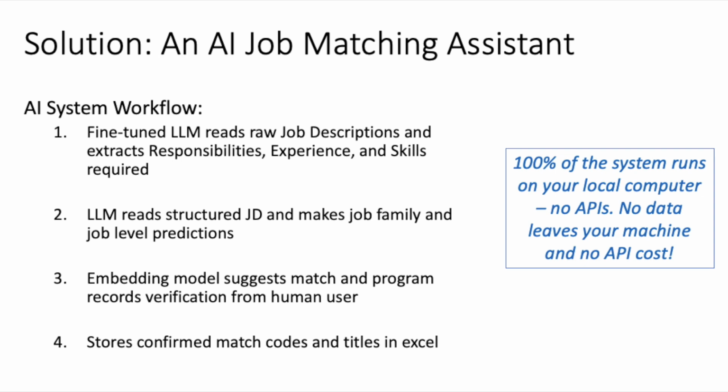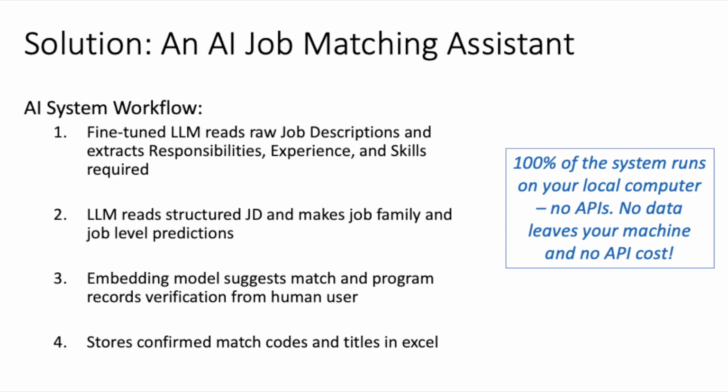And because people write these very differently from company to company, and even different departments within a company, we have to use as a first step a fine-tuned LLM to read the raw job description, however that person wrote it, and extract in a structured way the responsibilities, experience, and skills that are required in the job, which are the fields and information that we care about in the rest of the system.